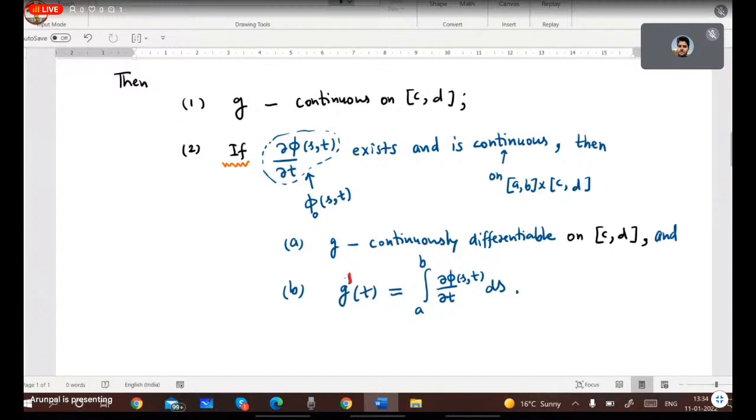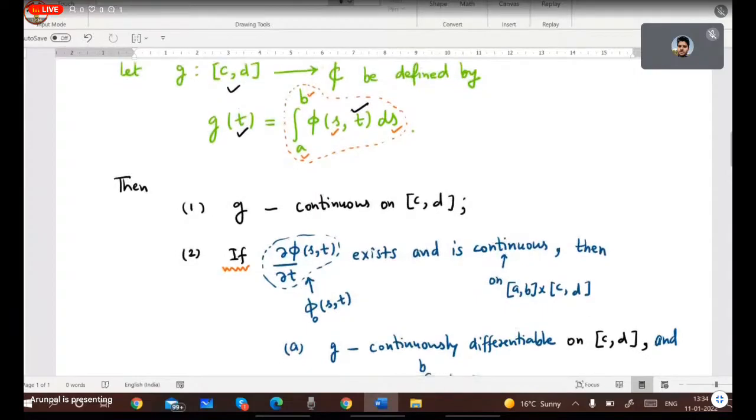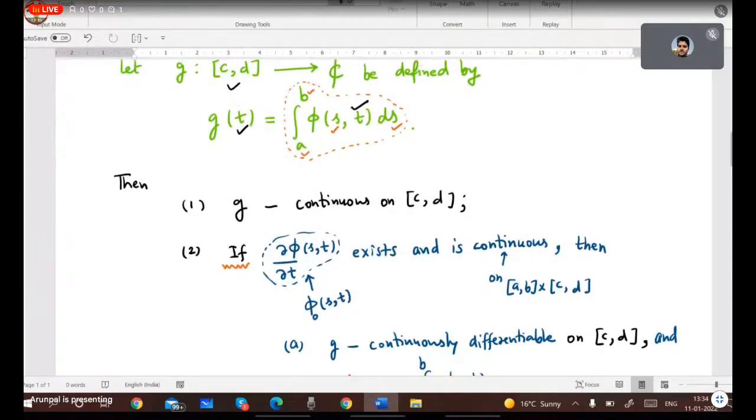Of course, it's understood, class, that you will get this for all t in the closed interval c comma d. And this will be the derivative of G. So class, basically this is differentiation under the integral sign. We have differentiated G. If you have a close look at this expression, then it means basically what we have done: we have taken the derivative of G with respect to t, right class?